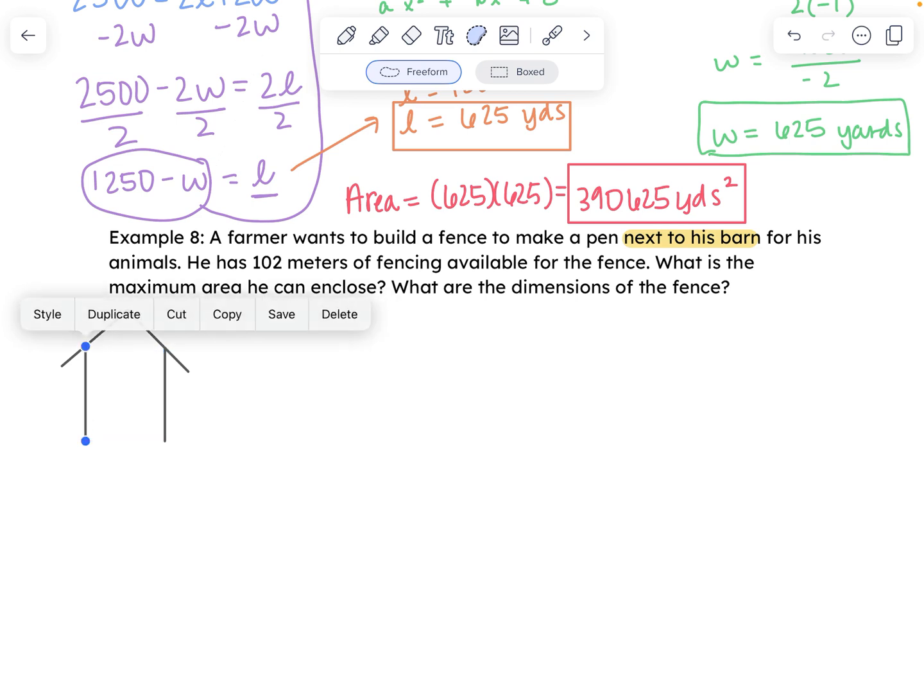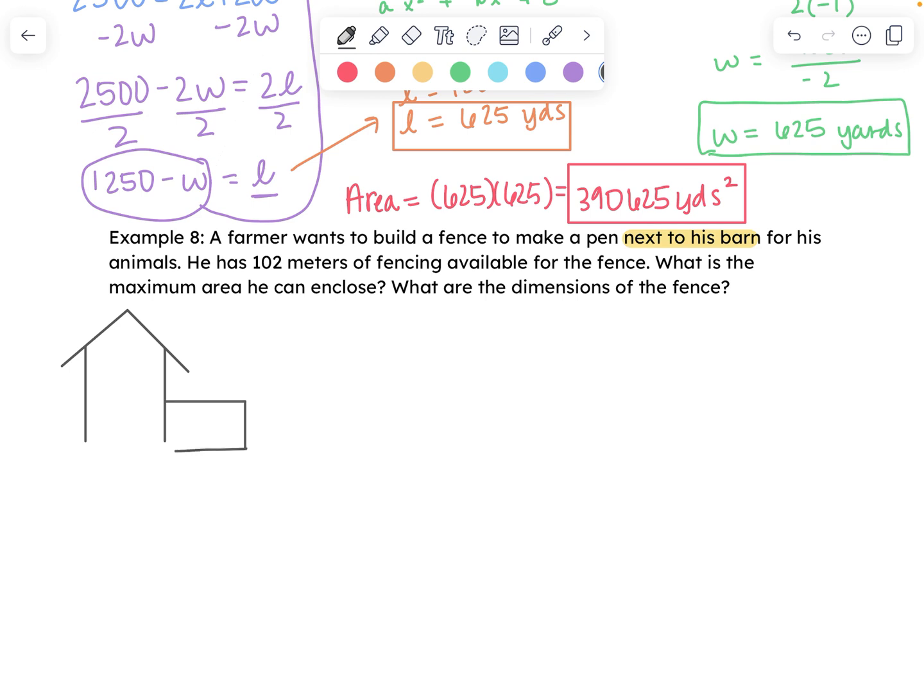If this is his barn, his pen is going to go right next to it. So for this pen, instead of having all 4 sides, this time we're just looking at 3 of them.